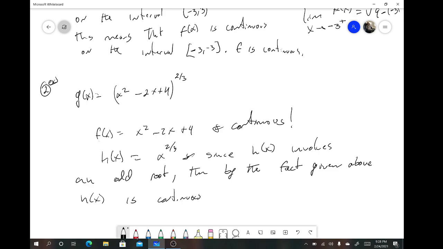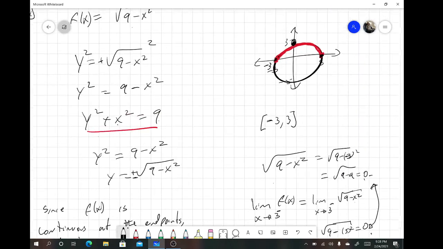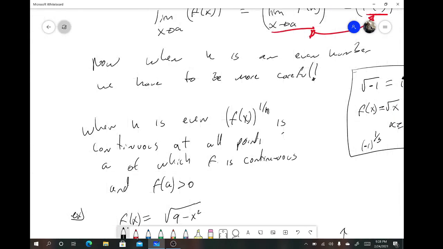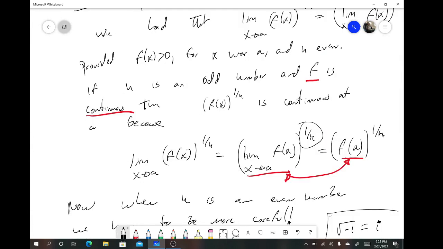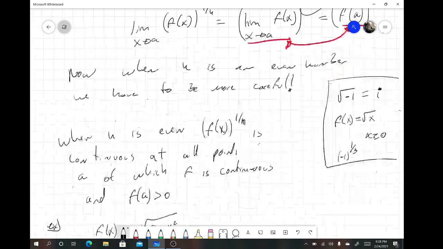And we get this one for free because we already explained how that is. This is a fact. So where is it? Right up here. If n is an odd number and f is continuous, then the nth root of f is going to be continuous.